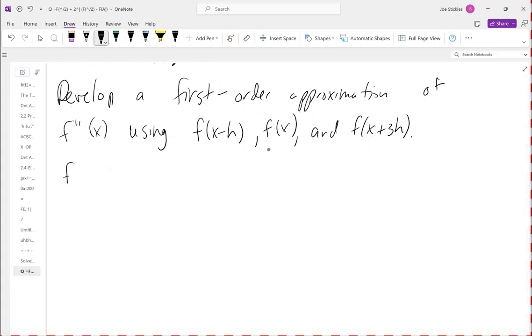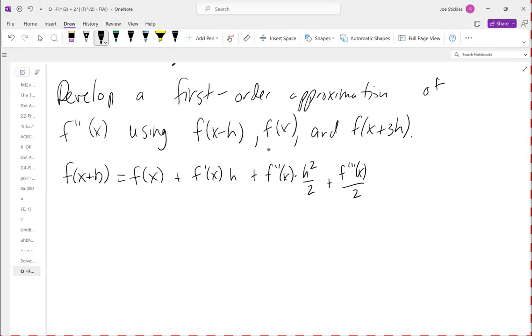So remember that your f of x plus h expansion will look like f of x plus f prime of x times h plus f double prime of x times h squared over 2, plus f triple prime of x times h cubed over 6.